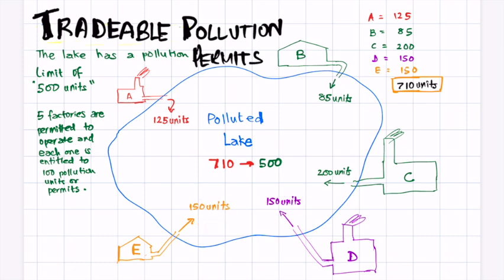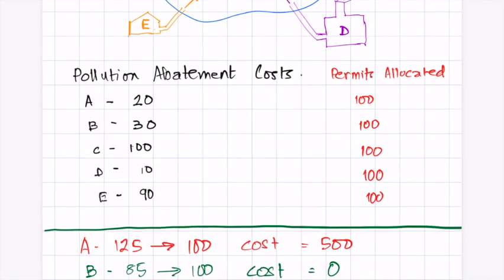Now notice that the level of pollution is different for each of the 5. And if we look here, we will see that the cost to each of the 5 polluters, A to E, of reducing 1 unit of pollution is 20, 30, 100, 10, and 90.